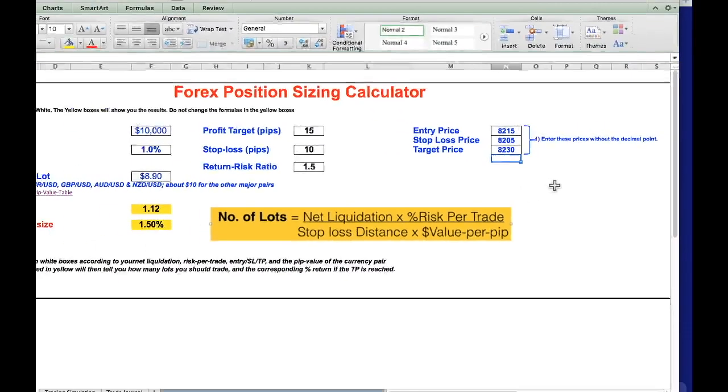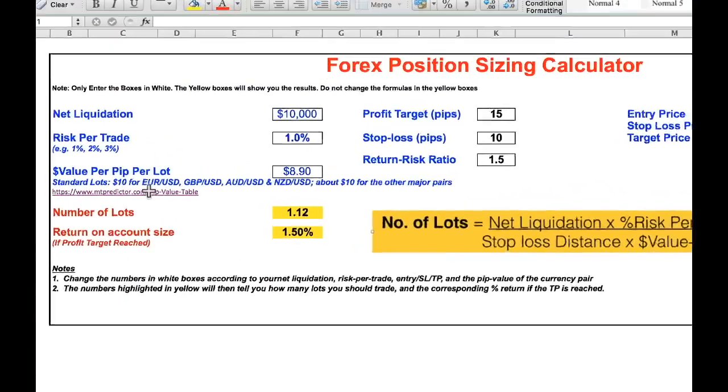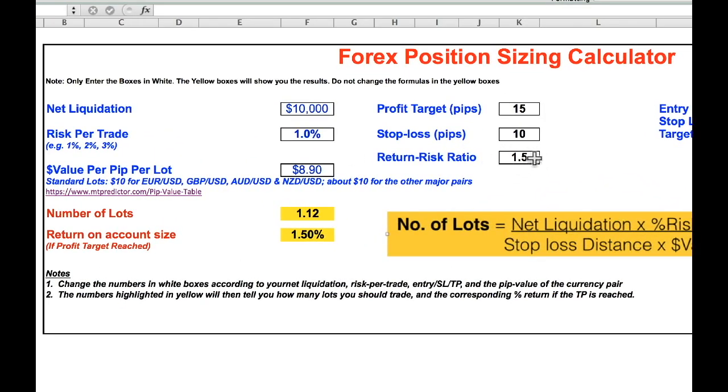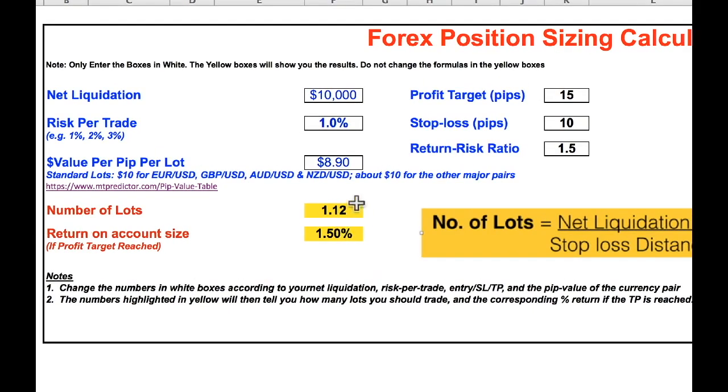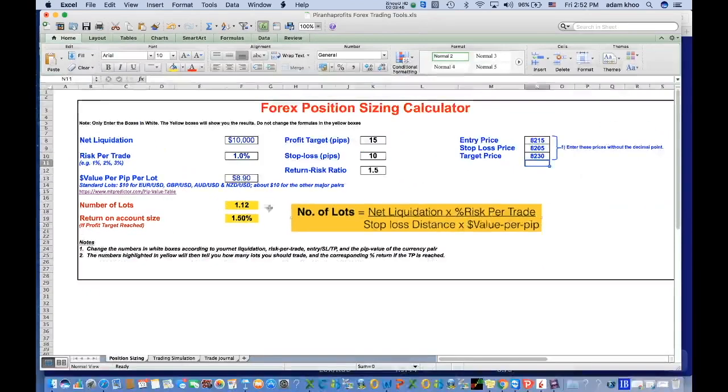So straight away you can see that the risk to return ratio is 1:1.5. You're risking 10 pips to make 15 pips, and number of lots would be 1.12. So what you want to see is this figure, how many lots to trade, 1.12, based on this formula. So you can use this position sizing calculator.